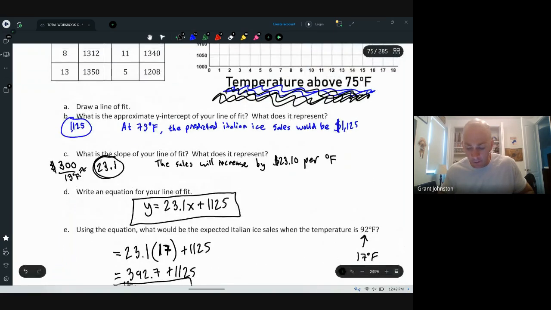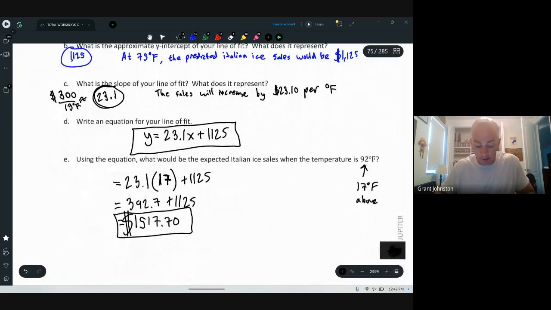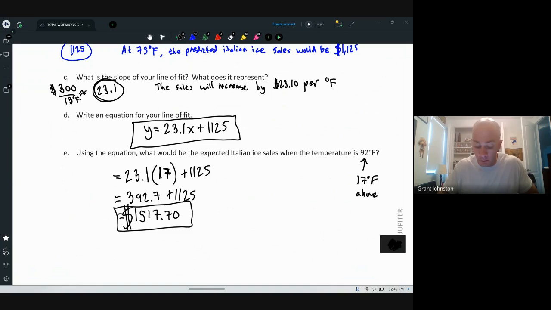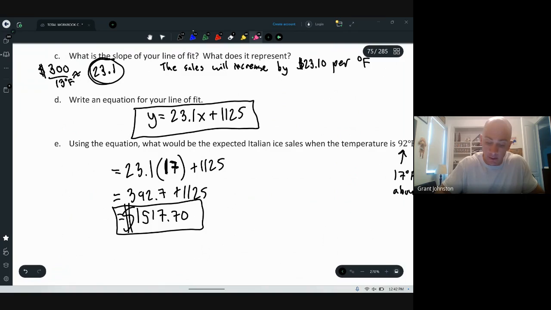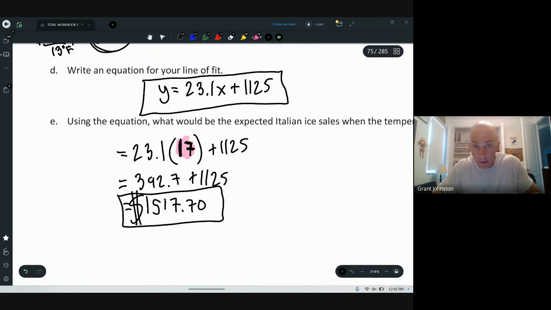And quite frankly, we can double check this with our table and see if we're in the right ballpark. So for 17, we put in for x, and we got 1,517 as our sales.